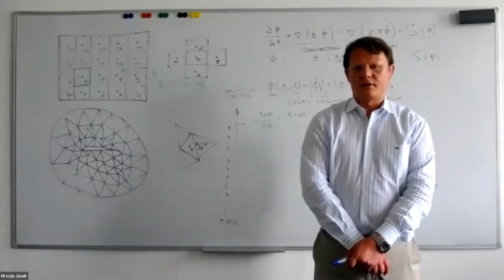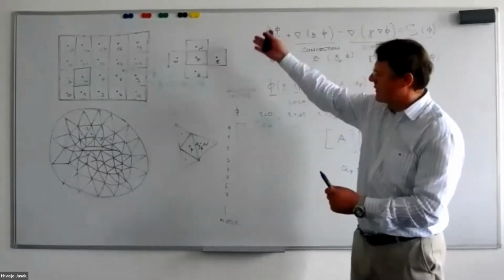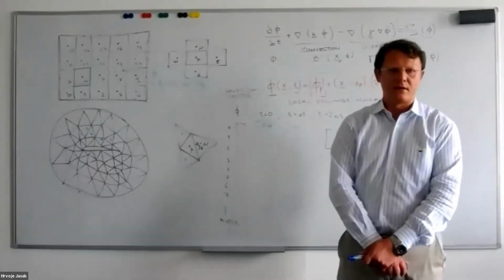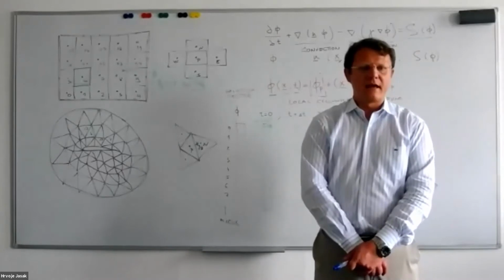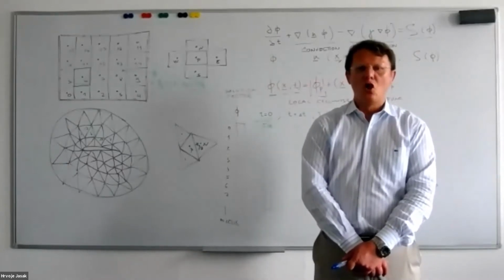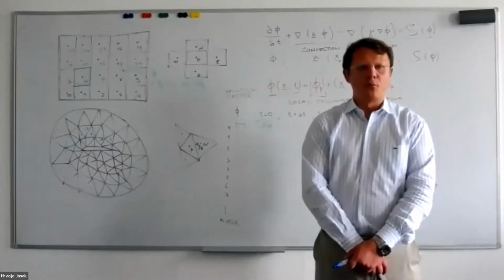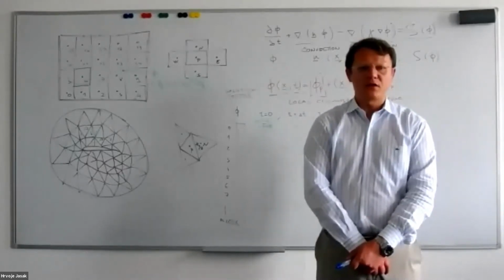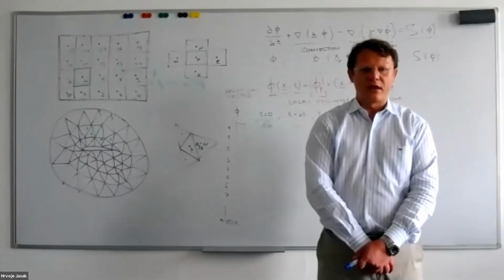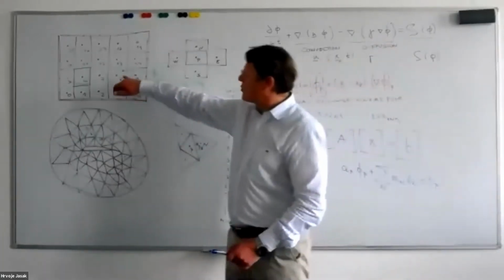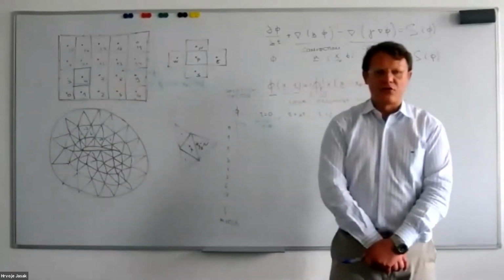Here's my computational cell. You will see that my drawings are slightly simpler than the slide, but in the slide, I have a three-dimensional polyhedral equivalent to what I have drawn. A computational cell will be a piece of space around the computational point P, which is located at its centroid.